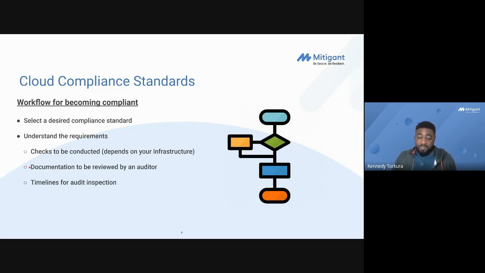There are documentations that are going to be reviewed by the auditors. They will want some kind of evidence that what you claim to have done is actually in place, so you have to get all of these documentations ready. There are also timelines for the audit inspection, so you have to align with the auditor and understand what timelines they have put in place.